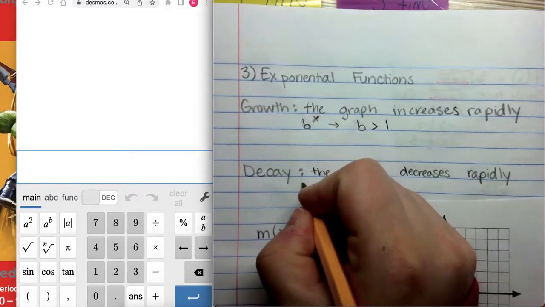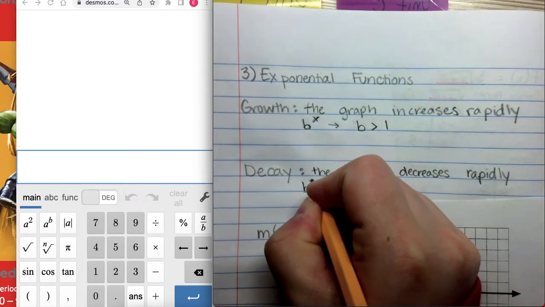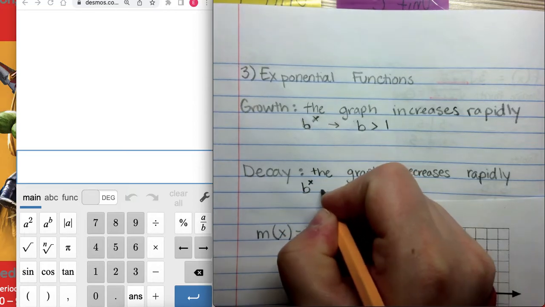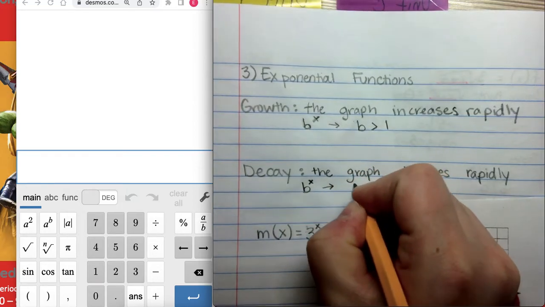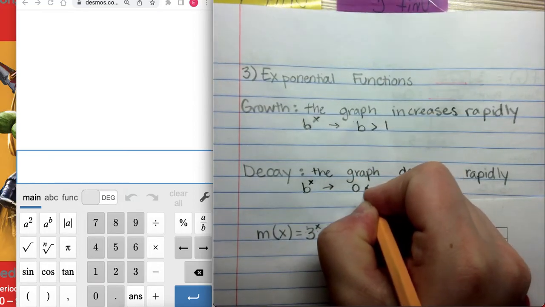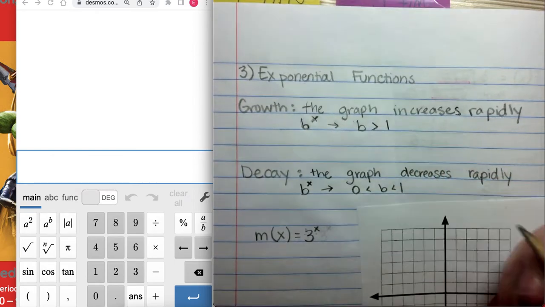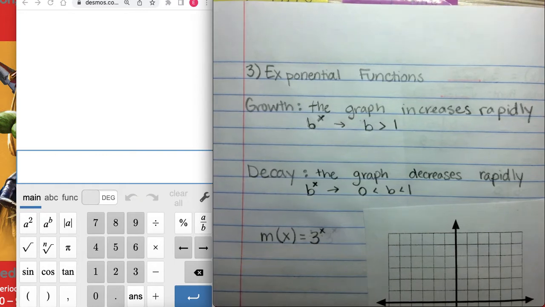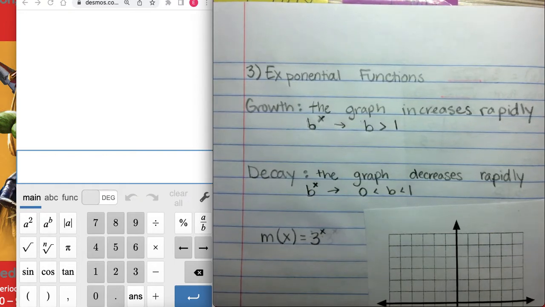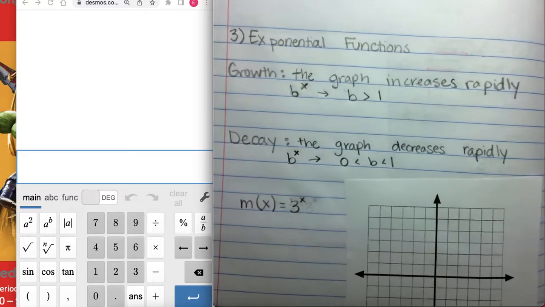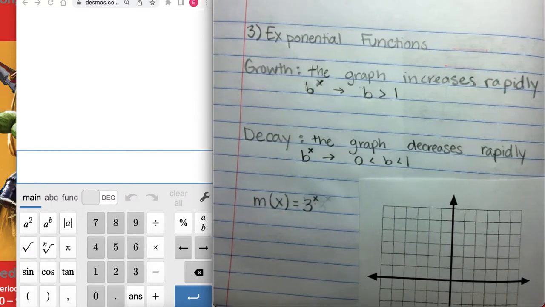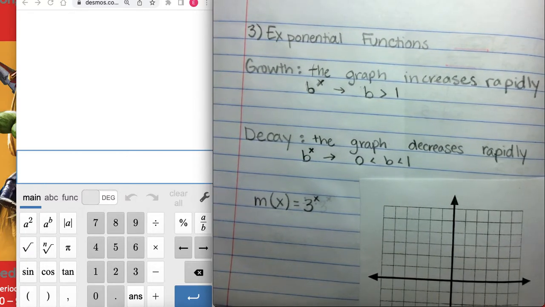And again, that happens when I have a b to the x power, and that b has to be between 0 and 1. So usually we use fractions with exponential functions. So if we see a fraction that's less than 1, that's going to tell us that it is decay.